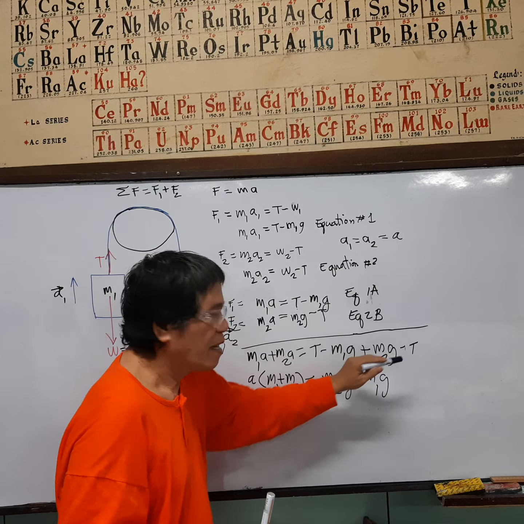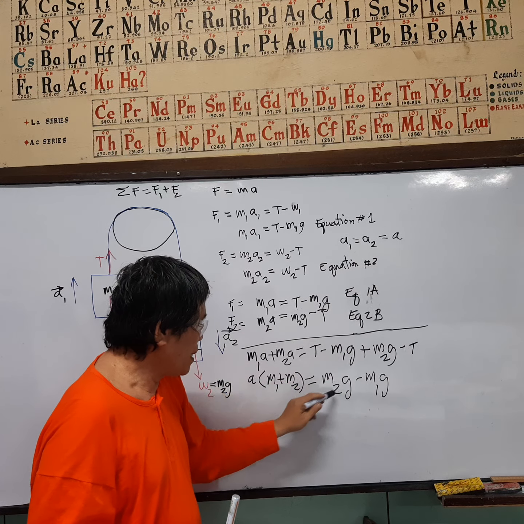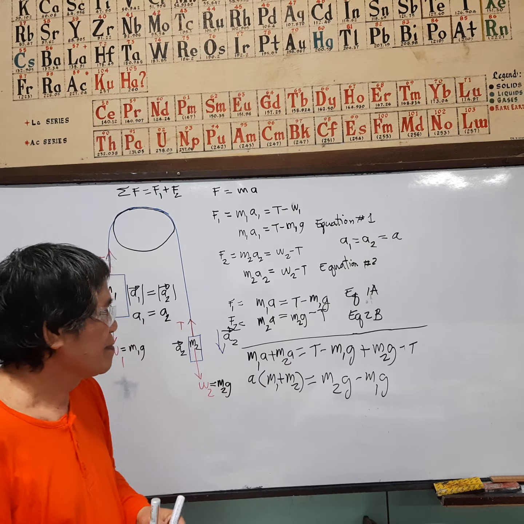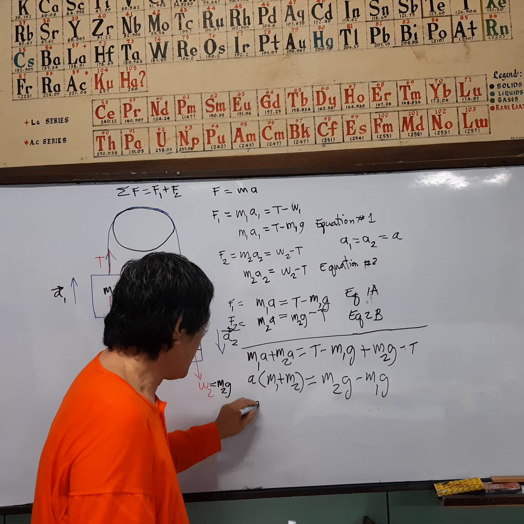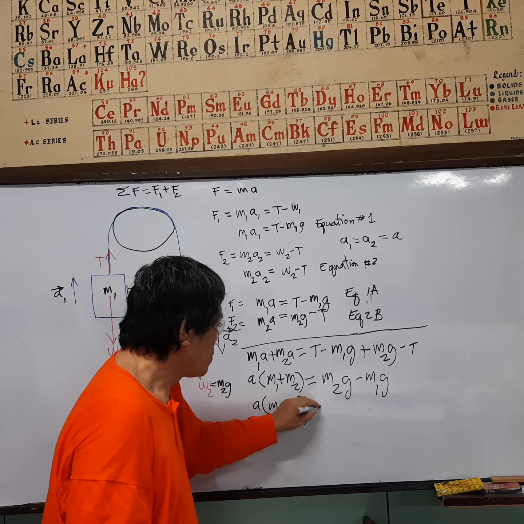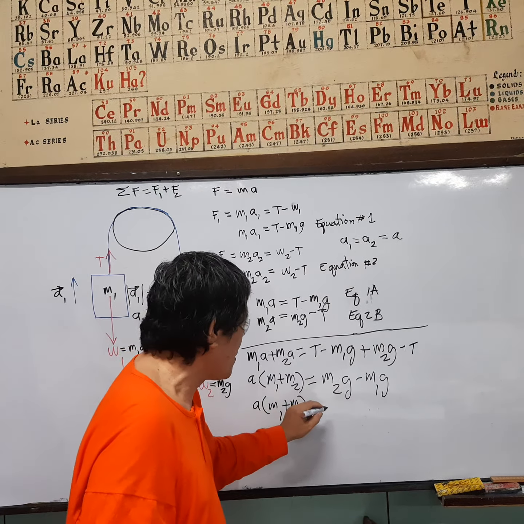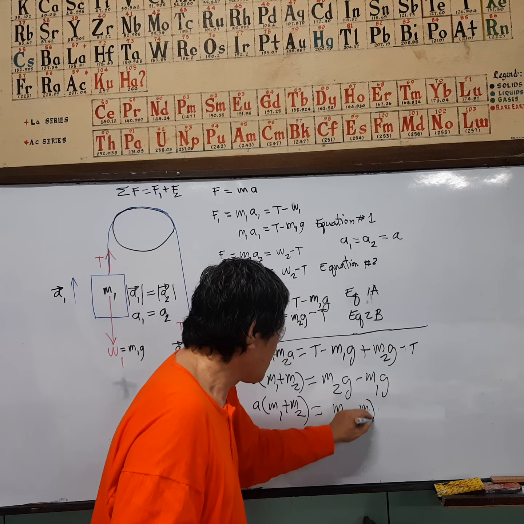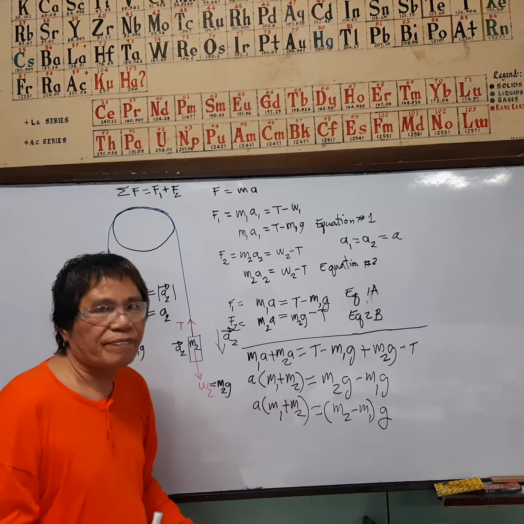I rearrange: positive M2G minus M1G. And we continue with M1 plus M2. We factor out G because G is a common factor. So you have M2 minus M1.